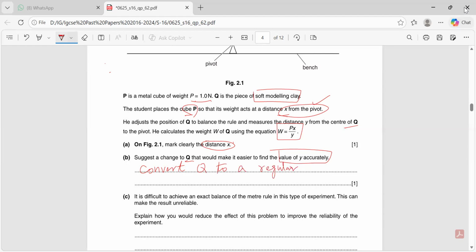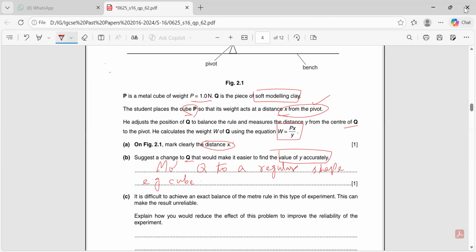And why can we convert or change? Because we can mold it to a regular shape, for example, a cube. Instead of saying convert, you can say mold, because this is modeling clay, so we can mold it into different shapes. What are the spellings of mold? Is it M-O-L-D or M-O-U-L-D?